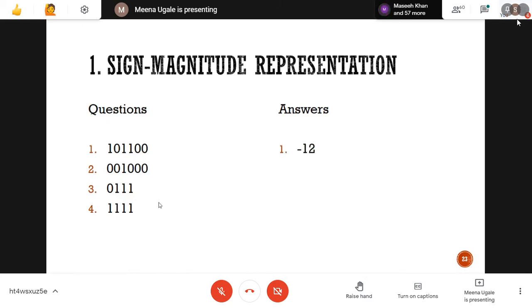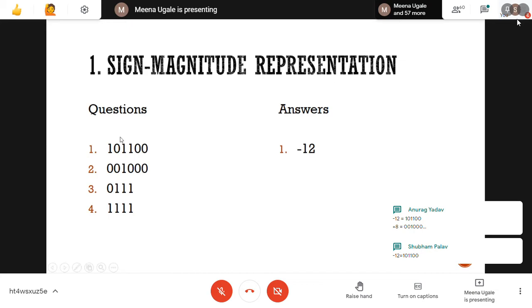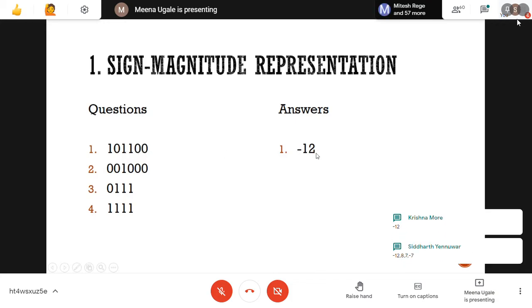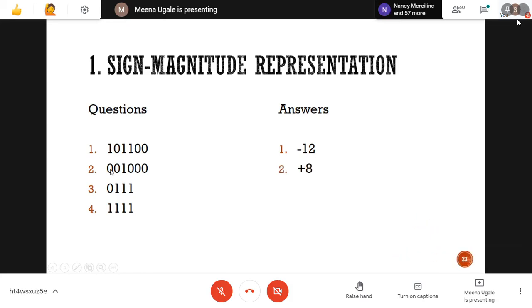See the answers as many students have posted in the chat box. The first is minus 12. Why is it minus 12? Because 1 indicates it is a negative number. And then 0, 1, 1, 0, 0, from this you find the magnitude. That is very correctly given by many students. Second is plus 8. Why plus? Because this 0 indicates it is a positive number. Third is plus 7, because 0 indicates it is positive.